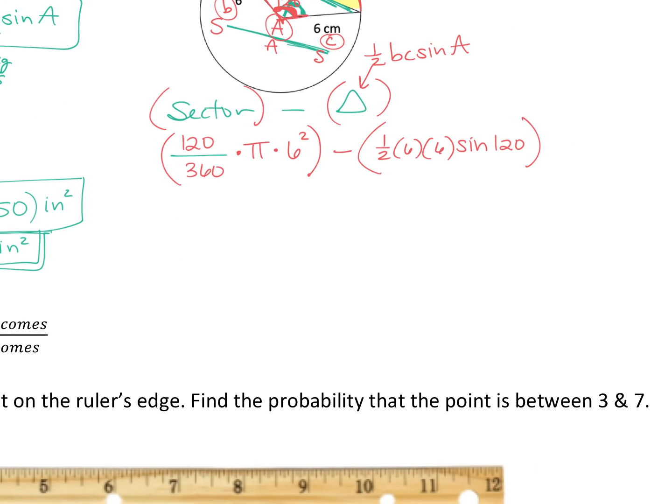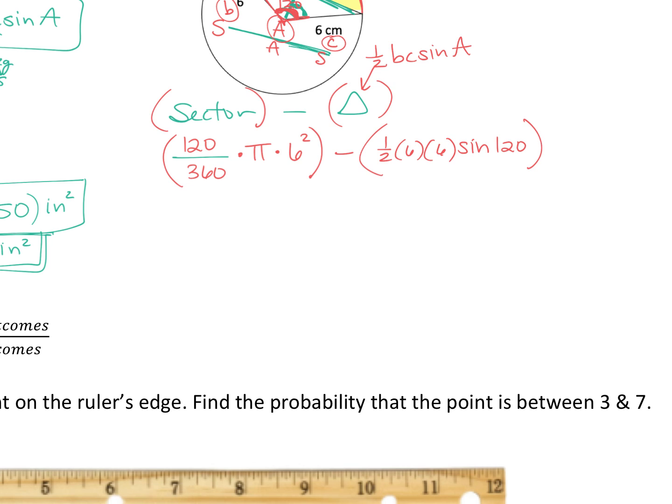And here's the beautiful thing. If you're rounding to the nearest 10th, do you have to put this in terms of pi first? You don't. You could literally plug it in how you see it in the parentheses right here. 120 divided by 360 times pi times 6 squared would give you the simplified version. I like it in terms of pi, so I usually simplify to terms of pi first and then plug it in, but you don't have to.